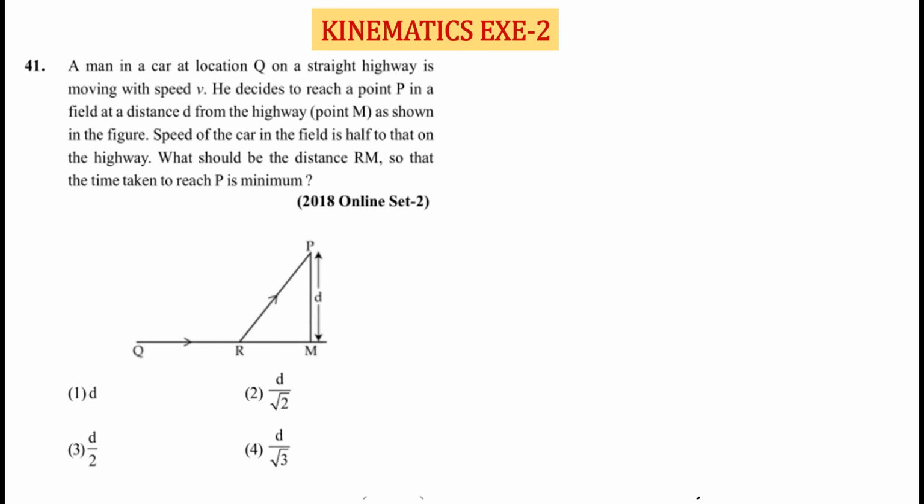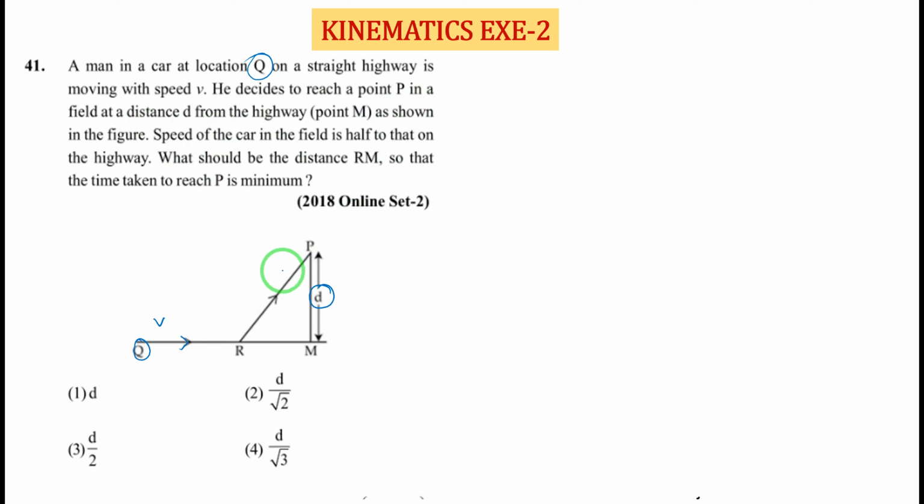So in question number 41, a man in a car at Q on a straight highway is moving with the speed V, and decided to reach point P in the field at a distance D from the point M on the highway, right?